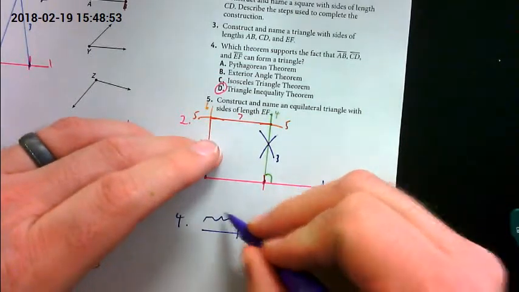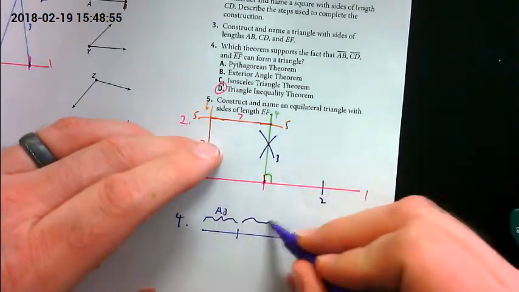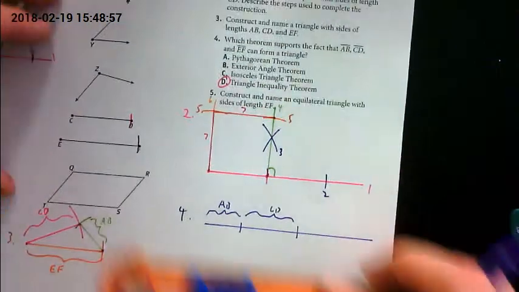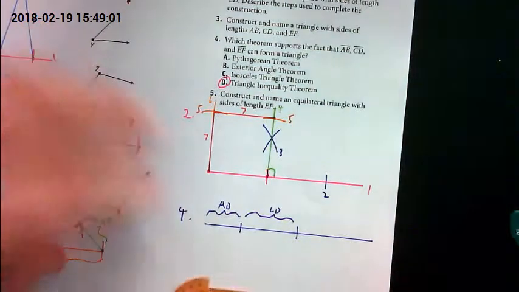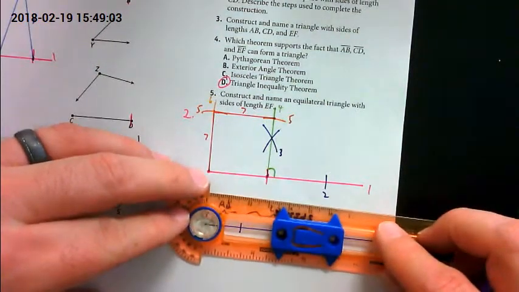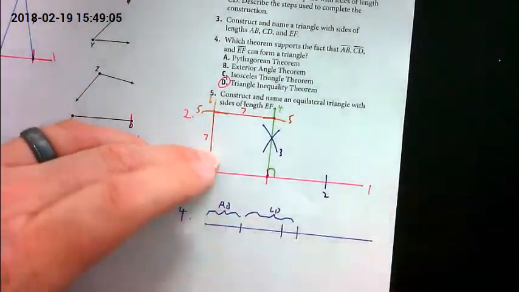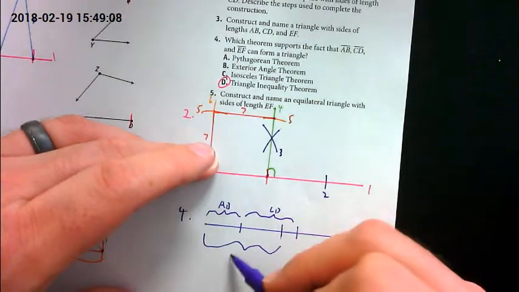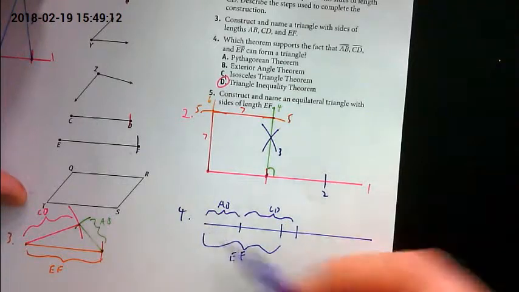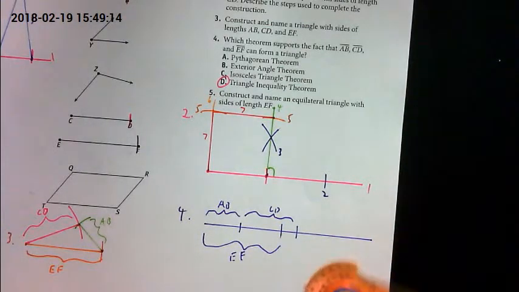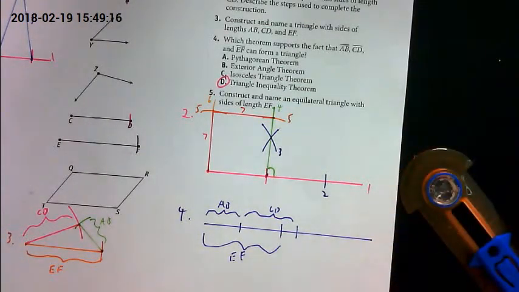So this was AB, this was CD. Then if I did EF, mark it off as well. Again, AB and CD greater than EF. So that's all I'm trying to show.